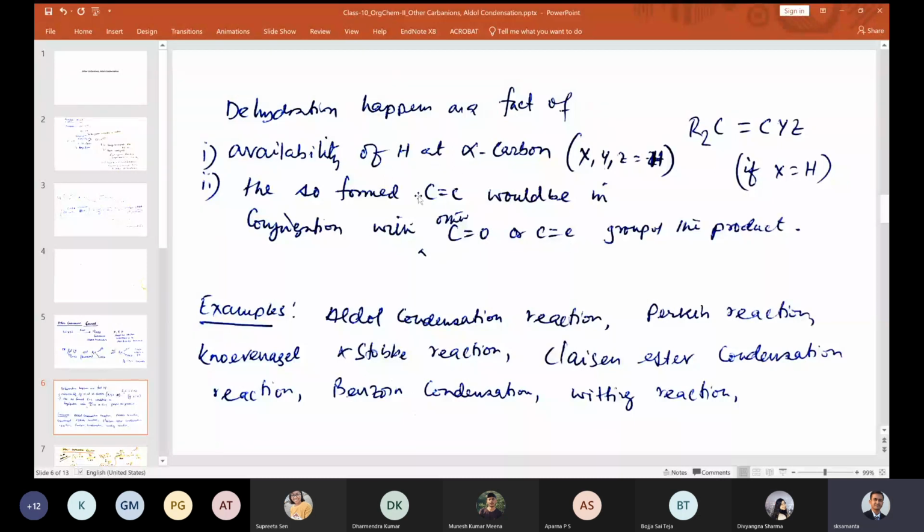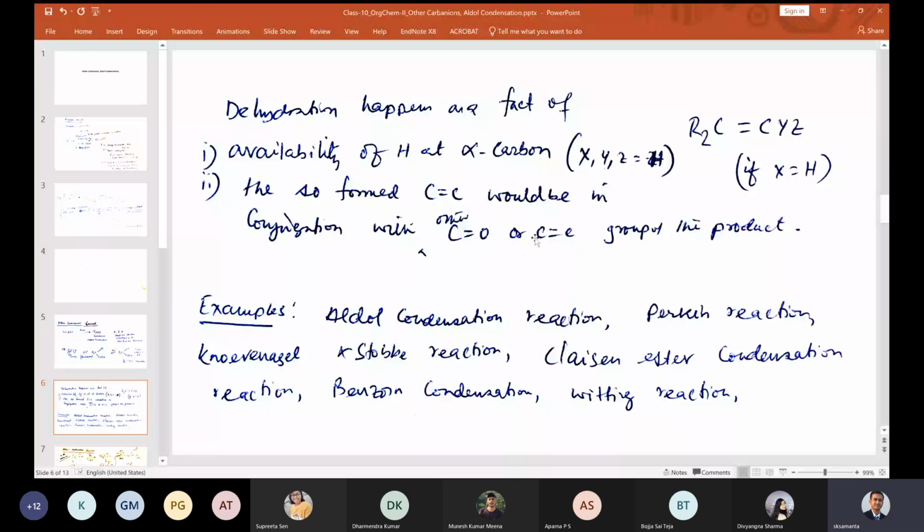Then only the formation of the dehydrated product will be more. So there are two conditions: one, there is a sufficiently acidic proton present at the alpha carbon, and two, the resulting C double bond C could be in conjugation with any other C double bond O or C double bond C groups or phenyl groups, or anything which could be in conjugation. Then the dehydration takes place.